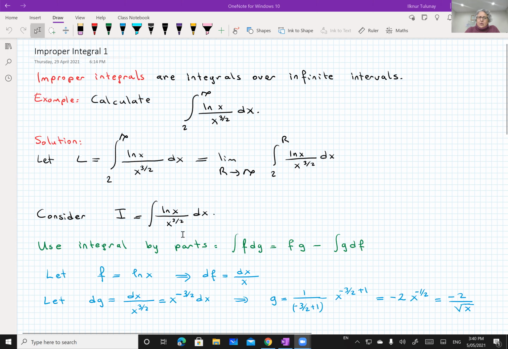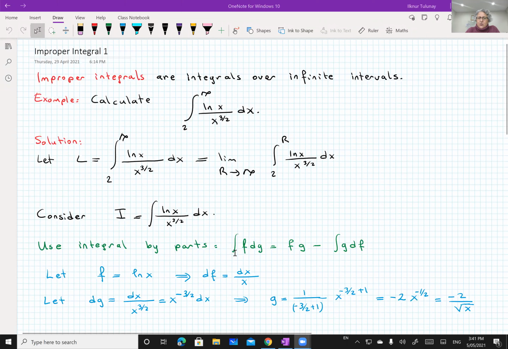Now, we need to solve this integral, then substitute the boundaries, then take the limit. So let's consider this integral by itself first. We can solve this integral by using integration by parts. Let's remind ourselves what integration by parts was.